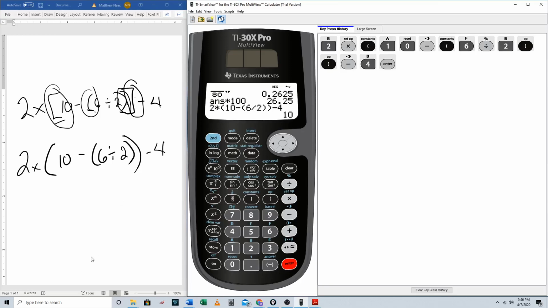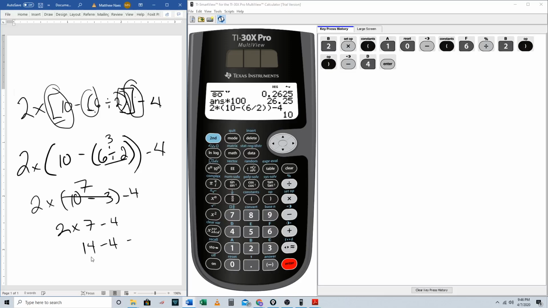If I did it separately, I'd have to do the inside out, the innermost part first. 6 divided by 2 is 3. I have 2 times 10 minus 3 minus 4. 10 minus 3 is 7. So 2 times 7 minus 4, multiplication first, 14 minus 4 is 10. So there we go.